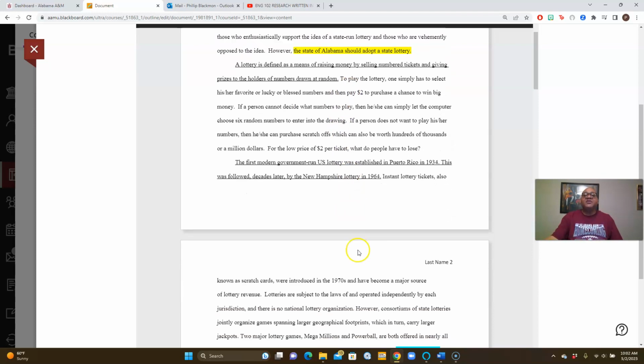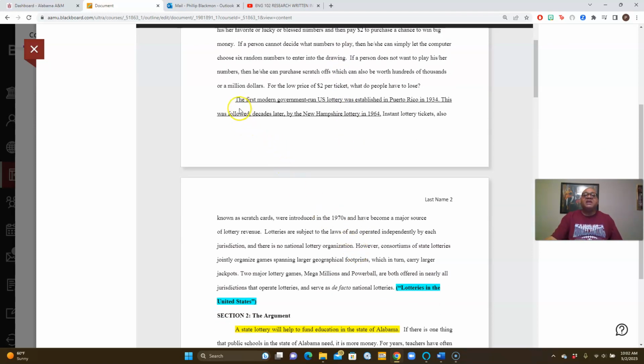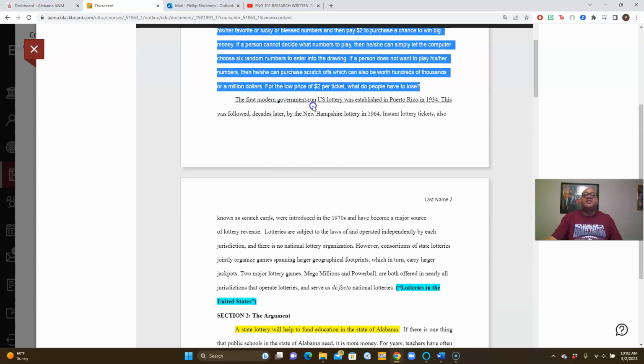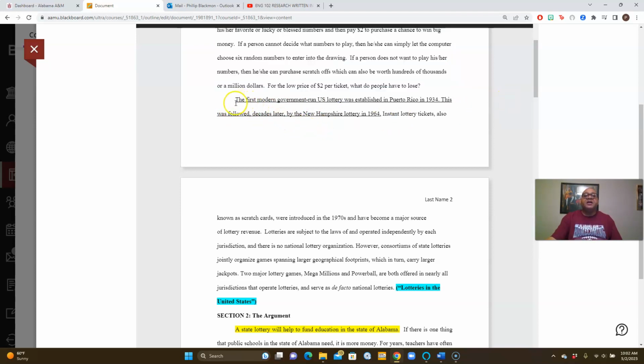The next paragraph is history, background information. And again, I underline the history. The first, computer won't cooperate. It says here the first modern government-run U.S. lottery was established in Puerto Rico in 1934, right? So all of this is historical information.